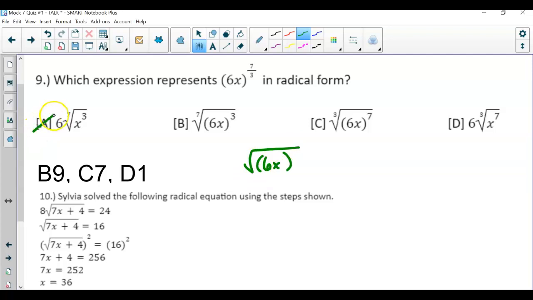So I'm going to go ahead and mark off A and B because the 6, this value here, is on the outside. Then remember here, that 6x is like it's being raised to the 7th power because the numerator is always the exponent. So that's 6x to the 7th power inside of the cubed root. That's why the answer is C.